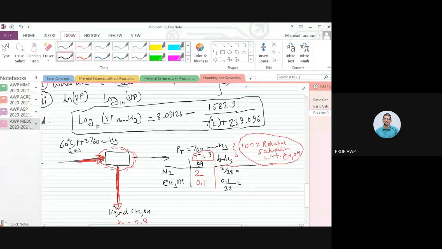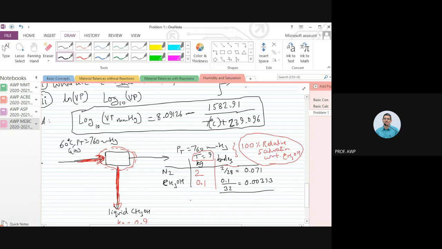So how many kilomoles of nitrogen are there? 2 divided by 28, which is 0.071. What is the kilomoles of methanol? 0.1 divided by 32, which is 0.003125. We can round off and simply say 0.00313.